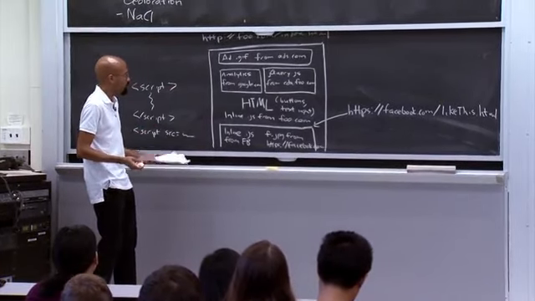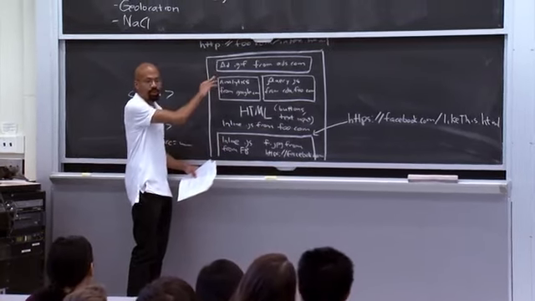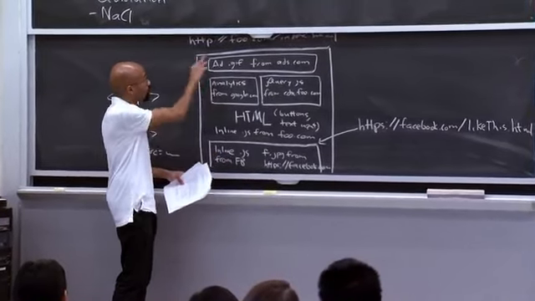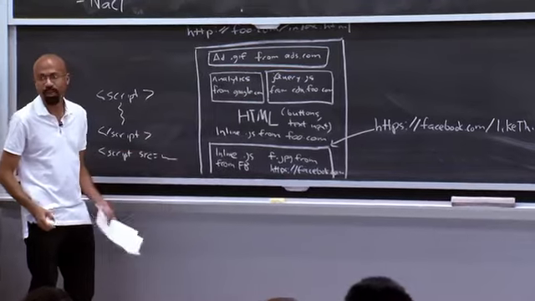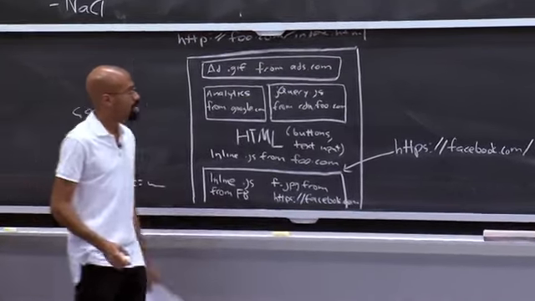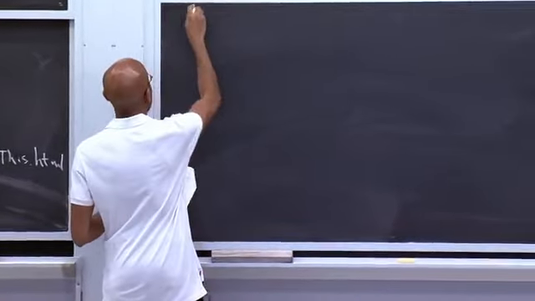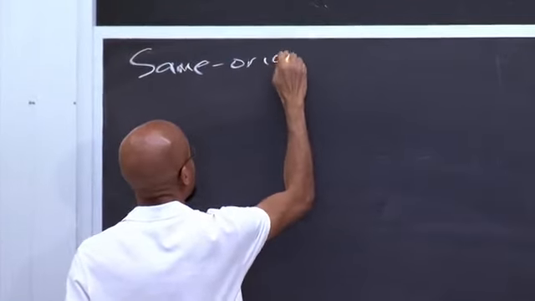Right? Another question too is, what's the relationship between this Facebook frame here and the larger frame? Right? The Facebook frame is HTTPS, right? Secure. Foo.com is HTTP, right? Non-secure. So how should these two things be able to interact? So basically, to answer these questions, browsers use a security model called the same origin policy.